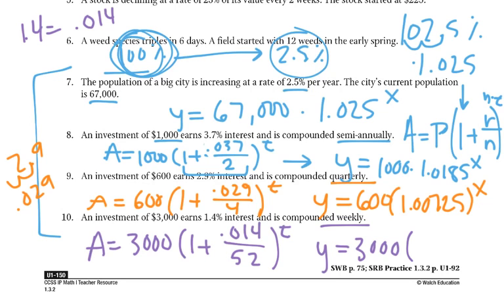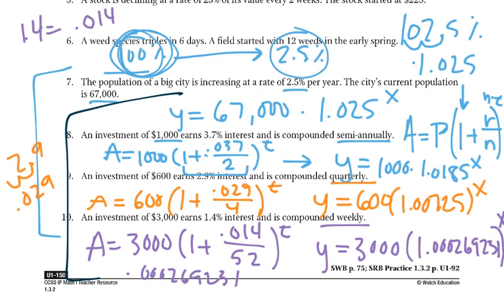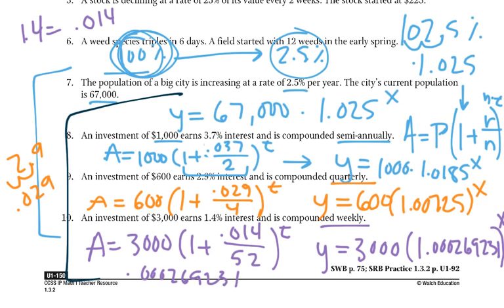And that's like 0.000269231. Okay, that's a really small number. Plus 1 would be that same thing, but 1.000269231 to the x. Okay, so there's those. I'll hurry and graph them so you can see what the graphs will look like on all 4 of these ones and show that to you guys, okay?